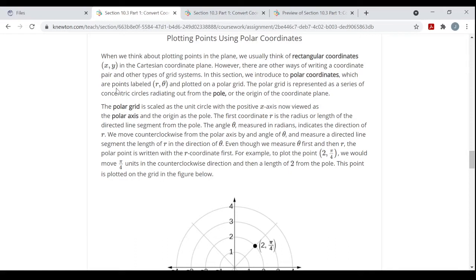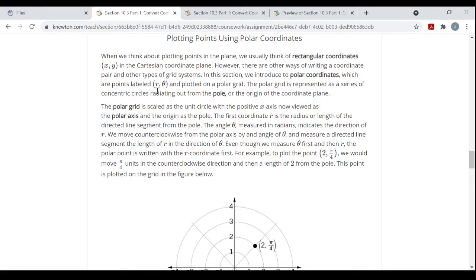Points are labeled, now instead of an x coordinate and a y coordinate in your ordered pair, in polar coordinates you're going to have an r coordinate and a theta coordinate.